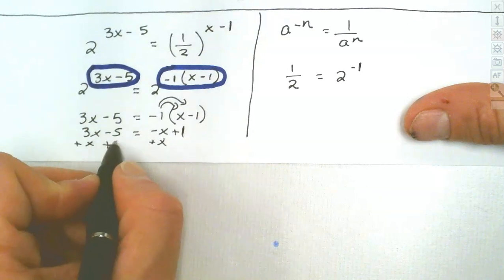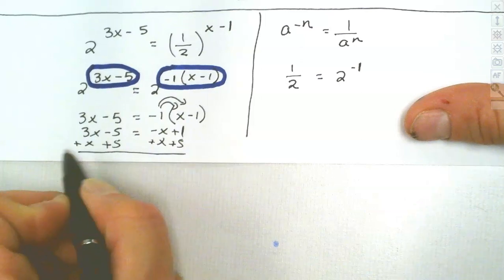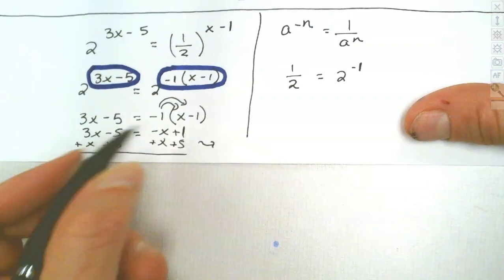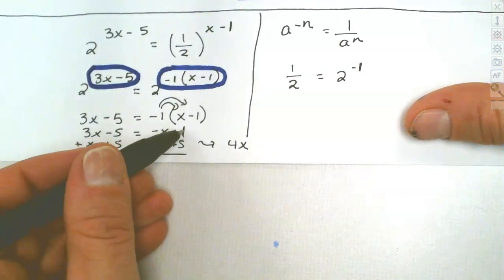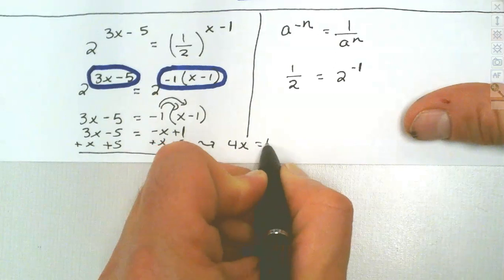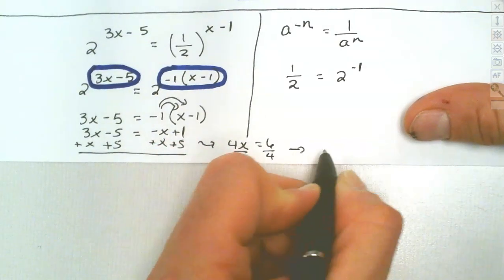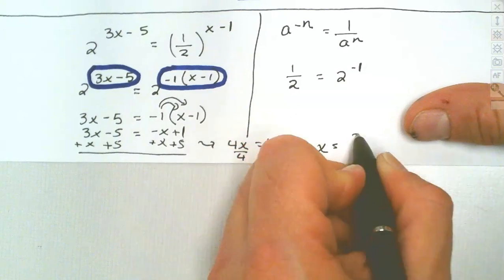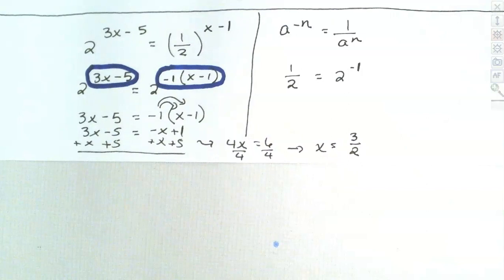And I'm going to add that 5 over as well. So that leaves us then with 4x when we add here. And 1 plus 5 makes it a 6. Divide by your 4 and reduce it down. And x is now 3/2. When we reduce. So do you see how we got those bases the same on that?